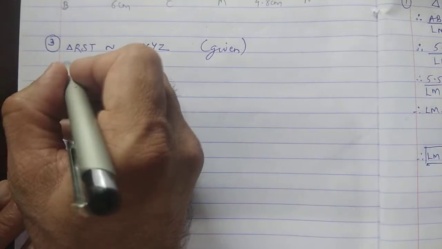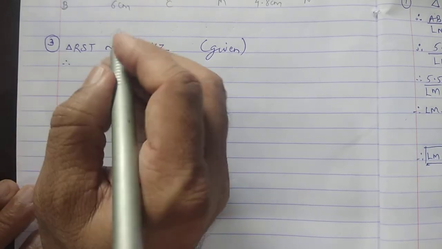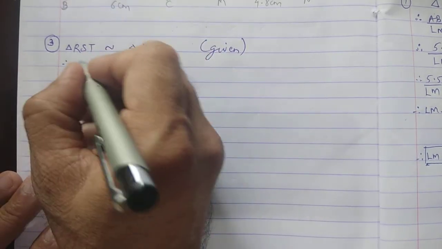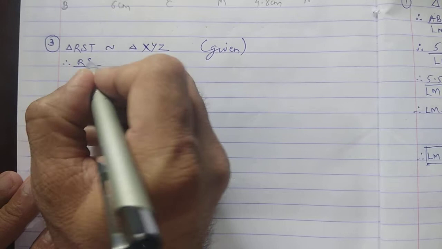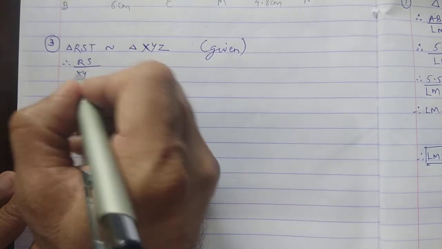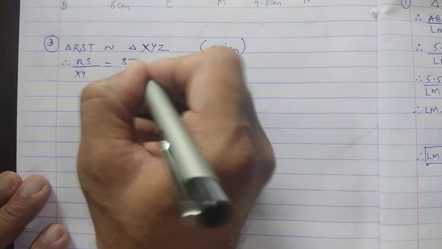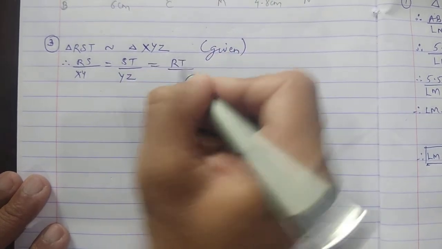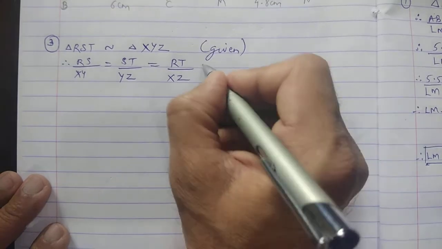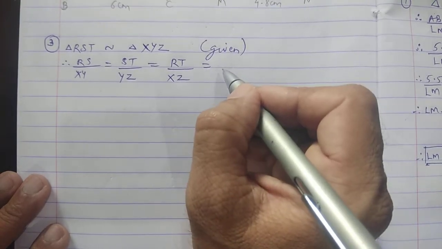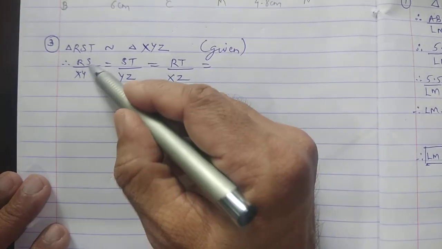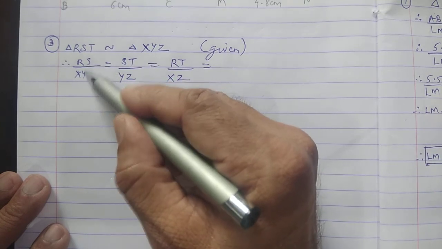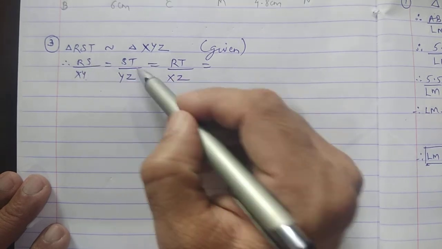Okay, next line, therefore ratio of sides are equal, right? So next line, therefore RS upon XY equal to ST upon YZ equal to RT upon XZ equal to, you can see the ratio RS upon XY is given as 3 upon 5, and RS upon XY is equal to other two ratios also.